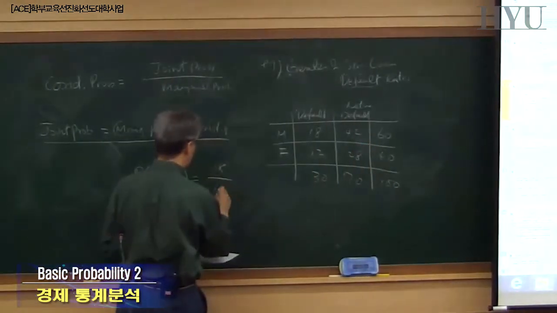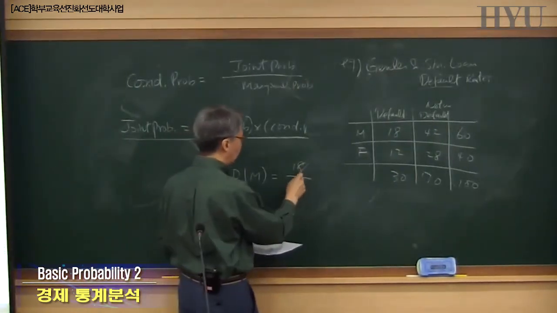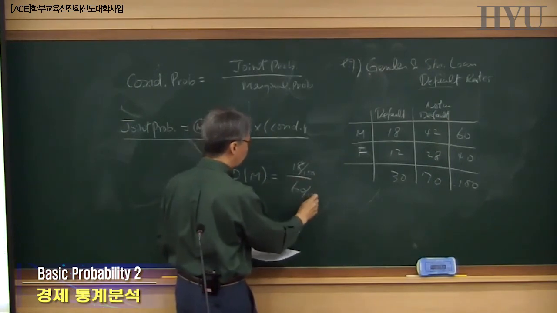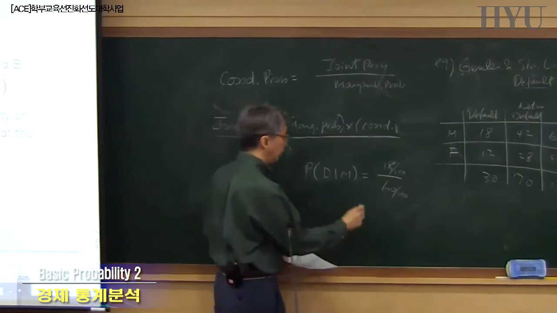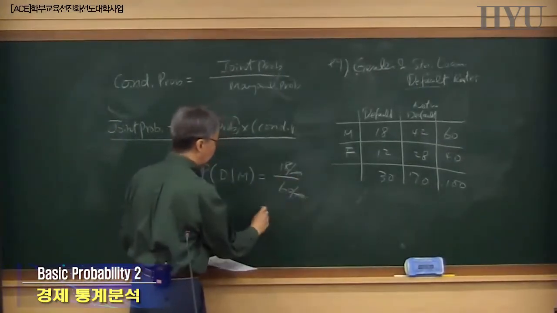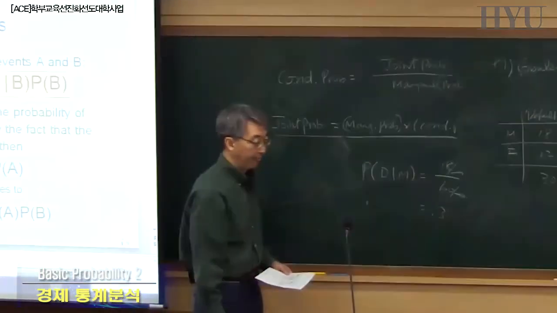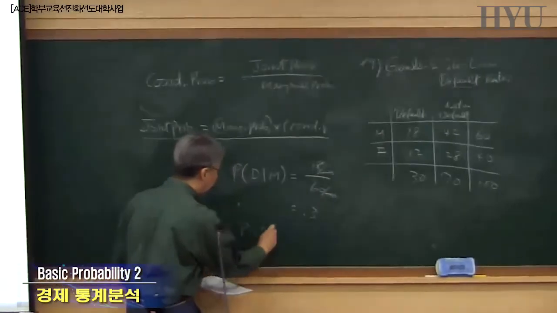Of course, in order to be probability, you do 18 divided by 100, divided by 60 over 100, right? So that's 0.3.